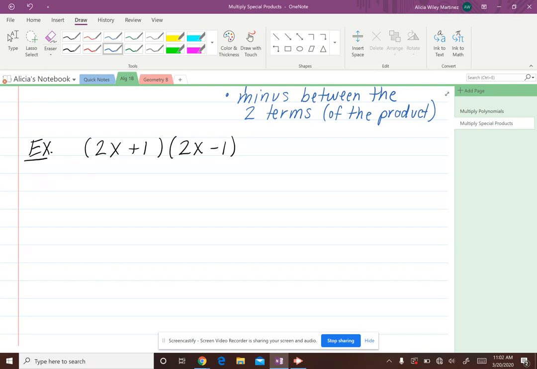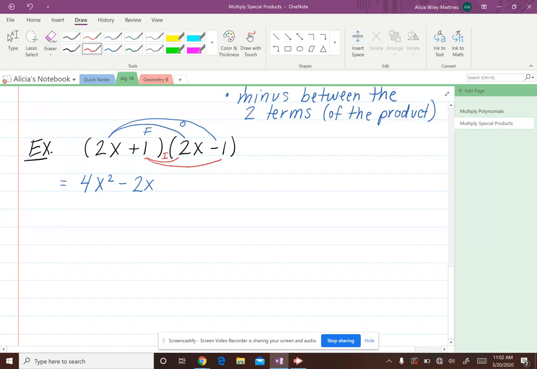You should have tried this, and in doing so, this is what it would look like. Distributing the first term to everything in the second binomial, 2x times 2x gives you 4x squared. Then the outside terms, 2x times -1 is -2x. Now we distribute the 1 to every term in the second binomial.